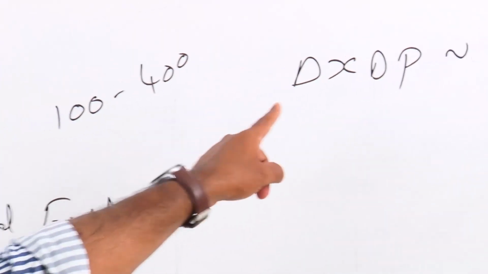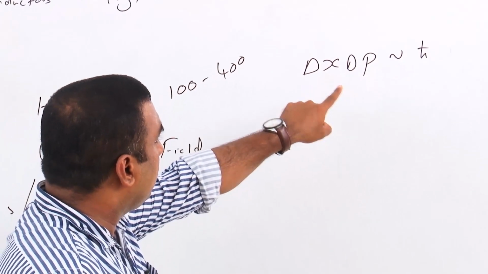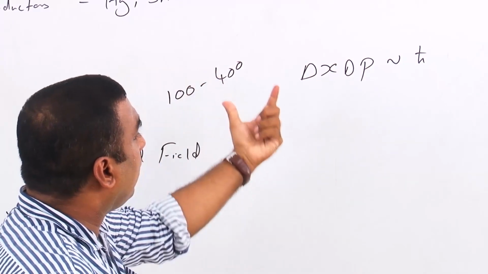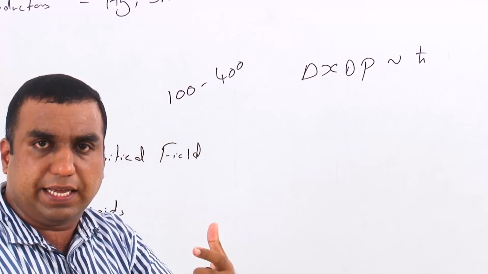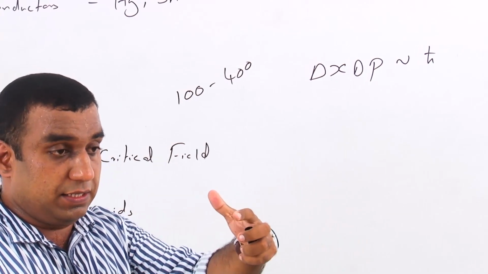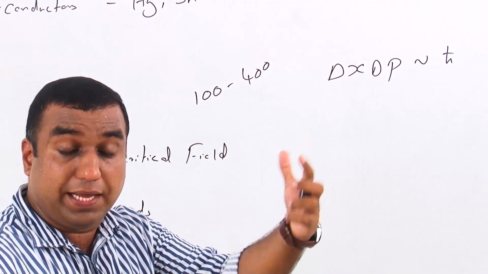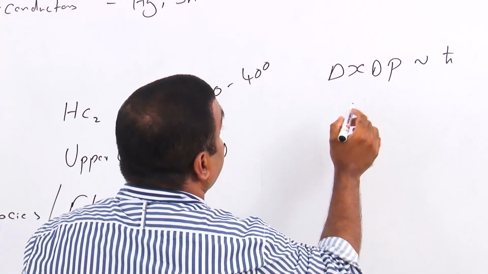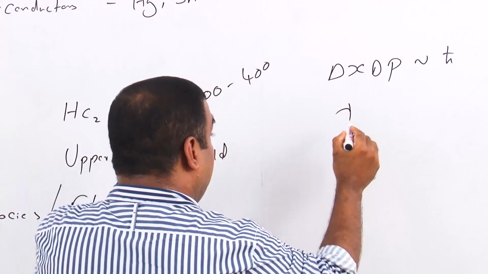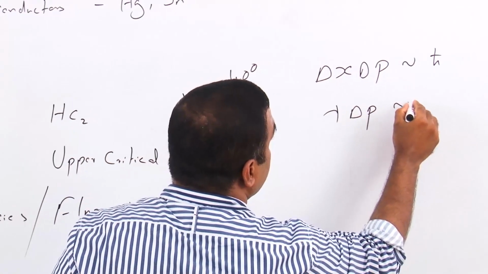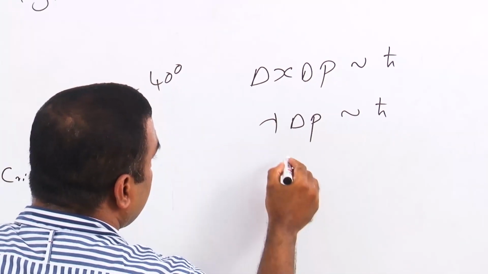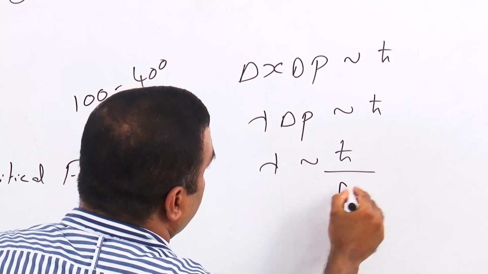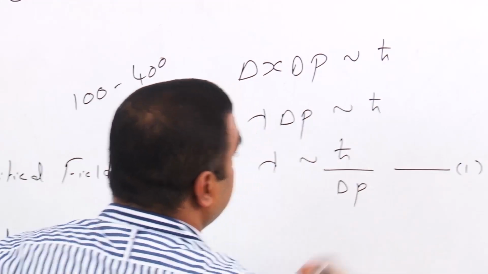We know this uncertainty relation is true not only for x and p, but for all canonically conjugate variables like energy and time, like angle and angular momentum, etc. Instead of x, I write coherence length lambda, then lambda into delta p is of the order of h cross, or lambda is of the order of h cross by delta p. Let that be relation number 1.